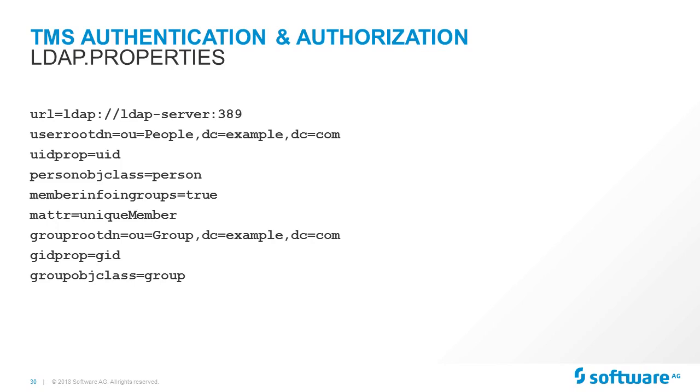So you can see here that the second half of this configuration provides more information about the LDAP schema in terms of determining which groups that user is in. And again, this is all in line with the standard Software AG list of LDAP properties, and the details of all those different properties are defined in the Terracotta DB documentation.